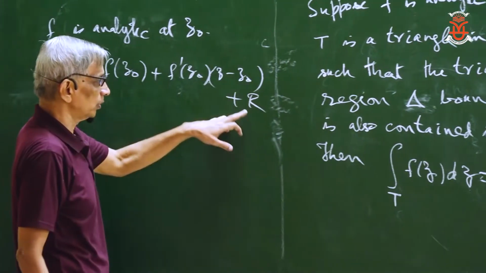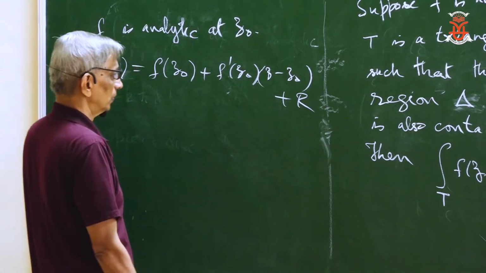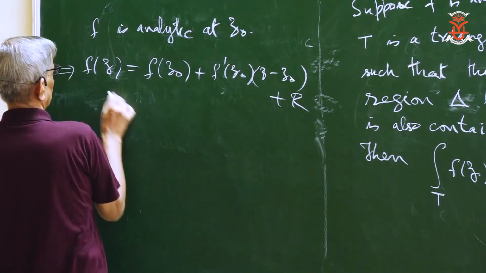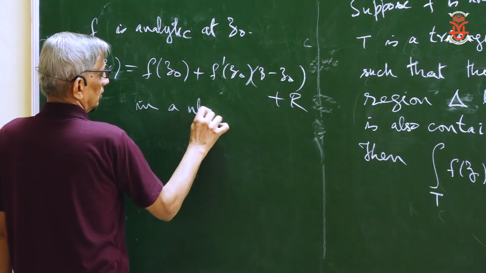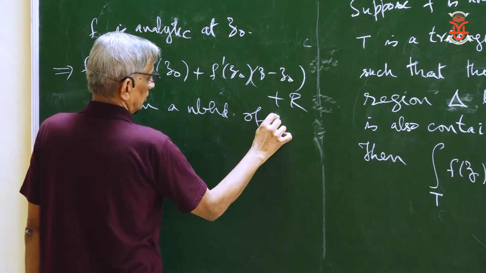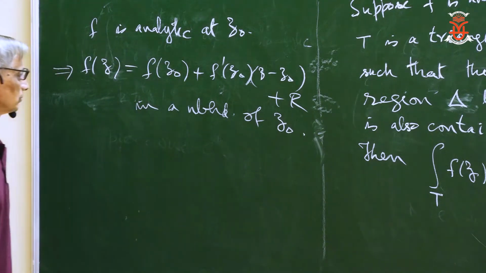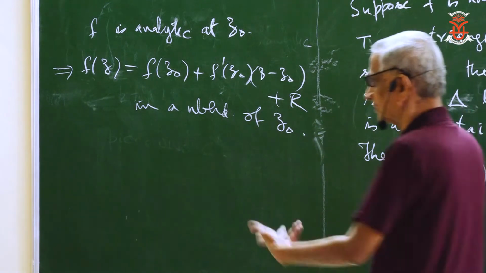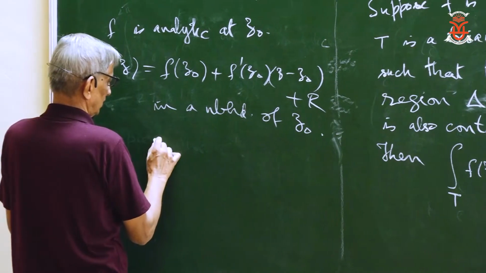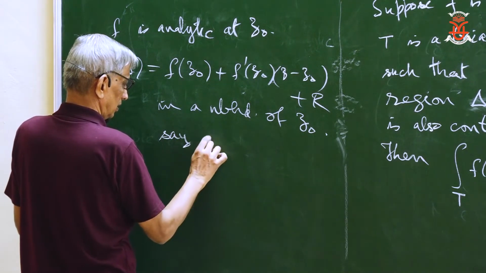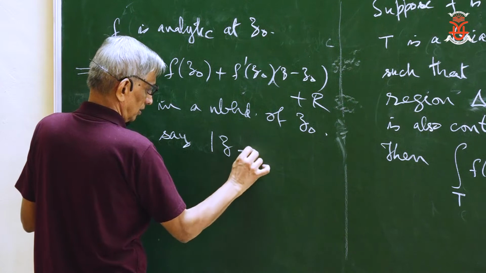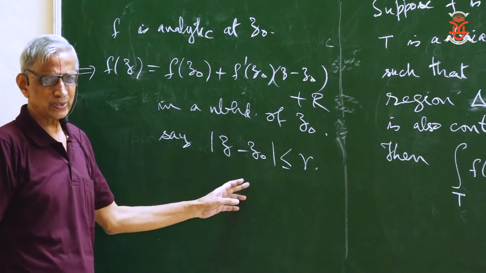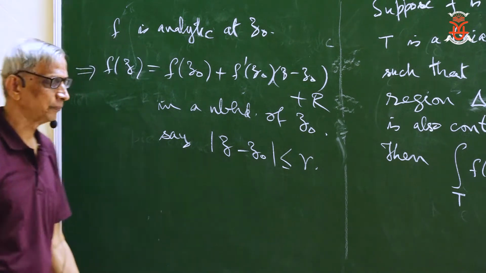R is the remainder term, R over mod Z minus Z0 goes to 0 as usual, right? Say you take a disk. You can take a closed disk by going to a smaller disk there, okay?